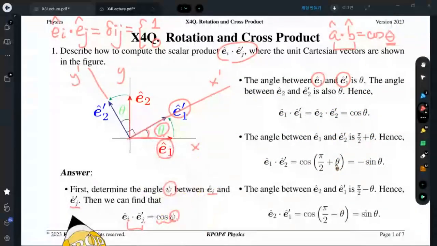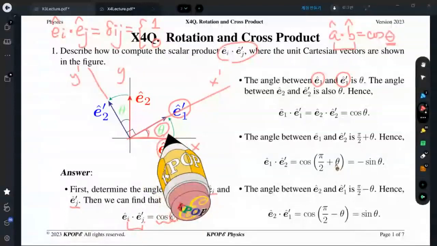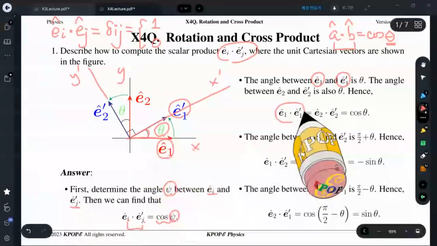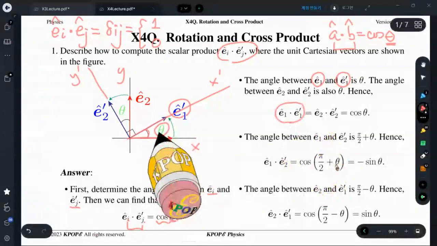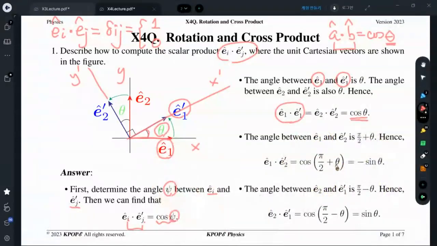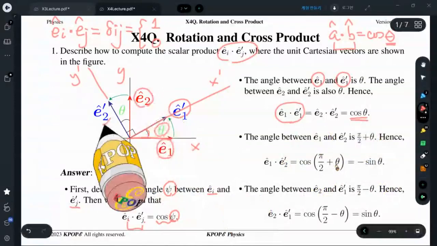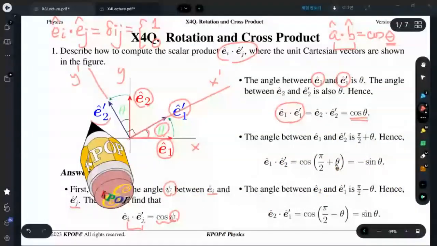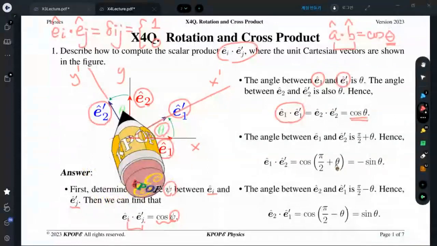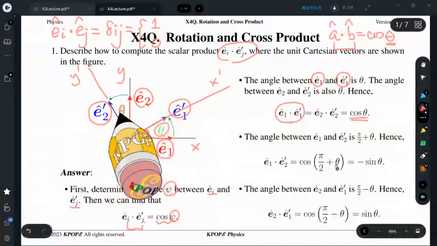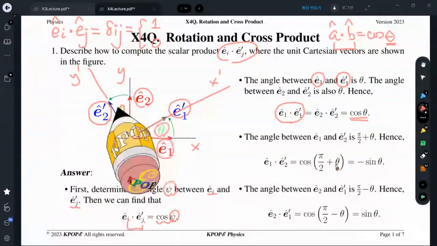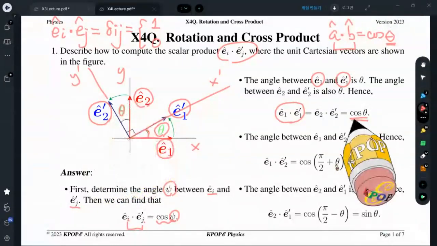Therefore, it's trivial to find that this scalar product e1 dot e1 prime is cosine theta. In a similar manner, we can find the scalar product between e2 and e2 prime. They make angle theta. Therefore, the scalar product between these two is cosine theta.